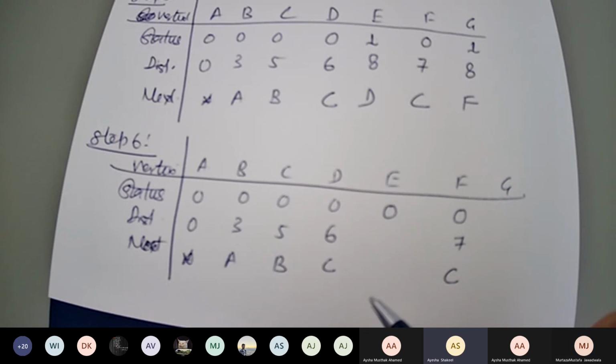Sir, aren't we changing the status of D to 1 because now from C we're going to F instead? Sorry? From C we're going to go to F. Yeah, but what is the distance? 7. Via C you are going to F. So we're not going to D from C anymore.